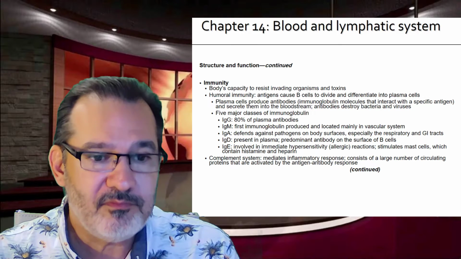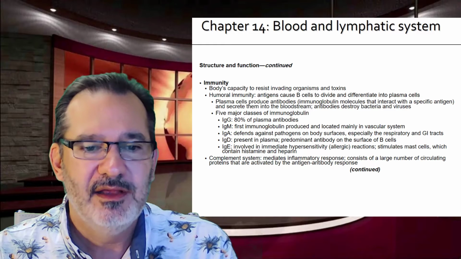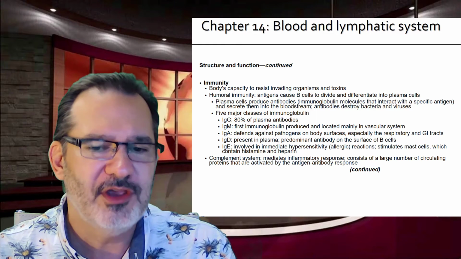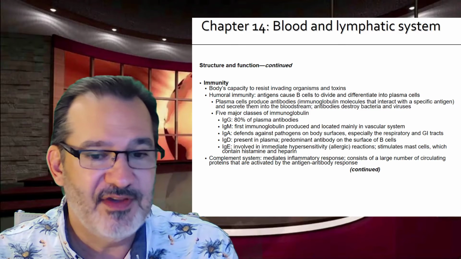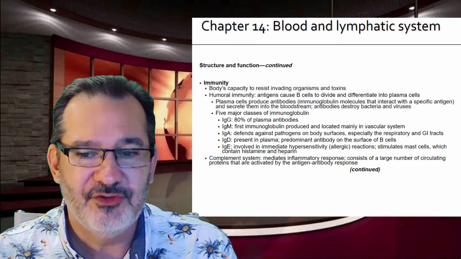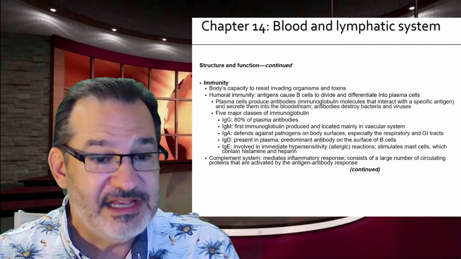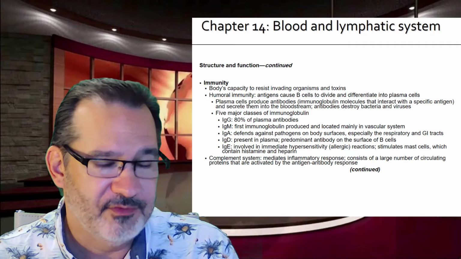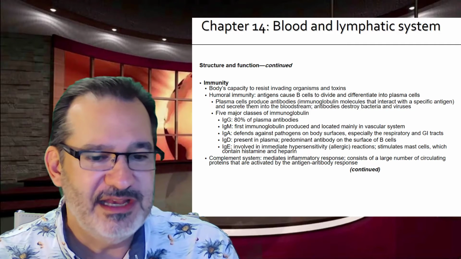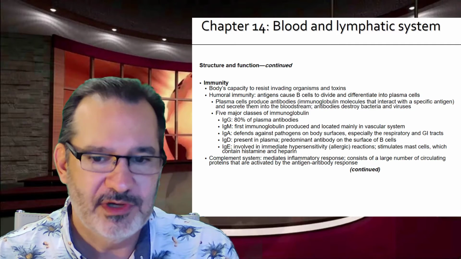IgG is 80% of the plasma antibodies. IgM, the first immunoglobulin produced, is located mainly in the vascular system. IgA defends against pathogens on body surfaces, especially the respiratory and GI tracts. IgD is present in plasma, in particular on the surface of B cells. And then IgE is involved in immediate hypersensitivity or allergic reactions.